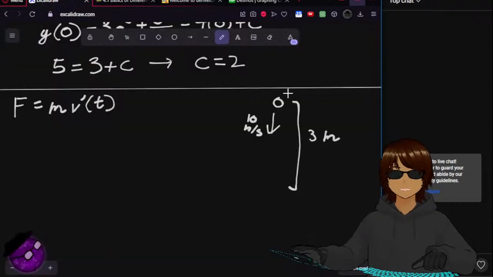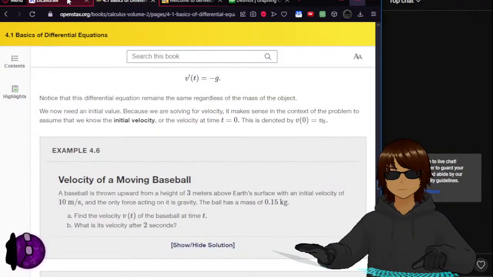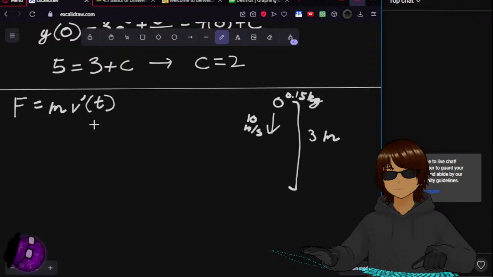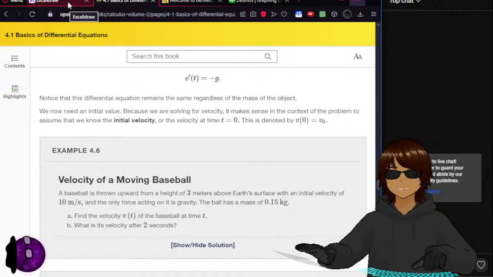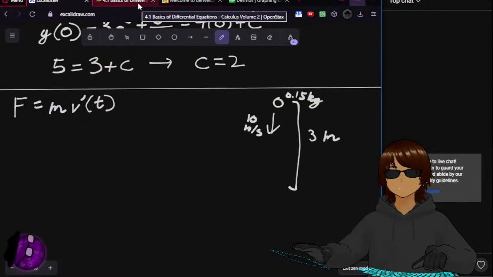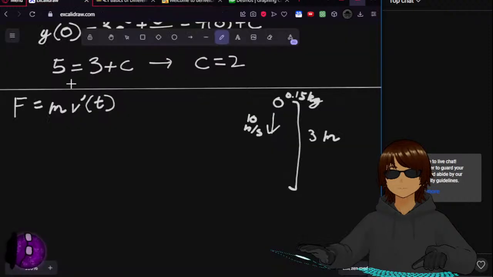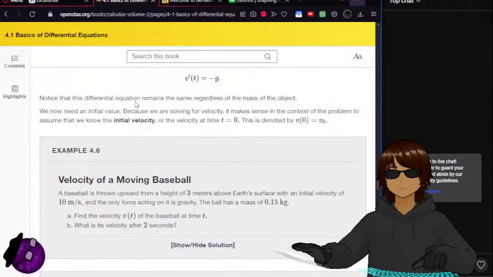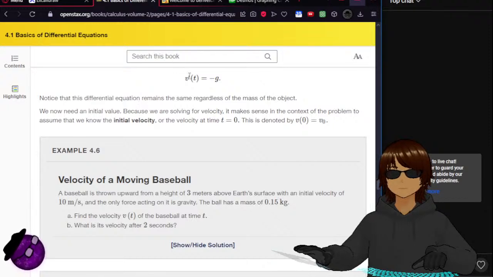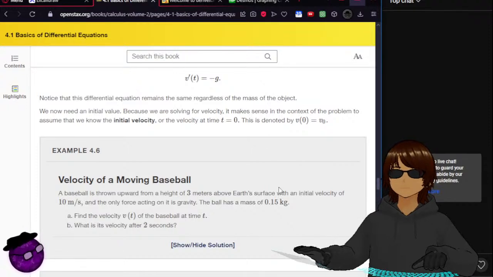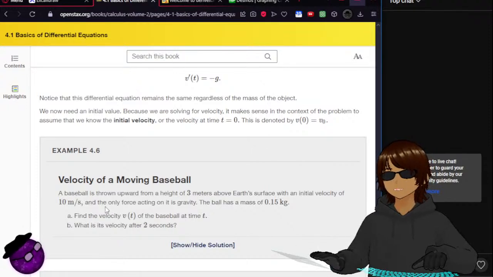And 0.15 kg. The initial velocity is 10 meters per second. The downward acceleration is minus g, but the initial velocity is 10 meters per second, right?